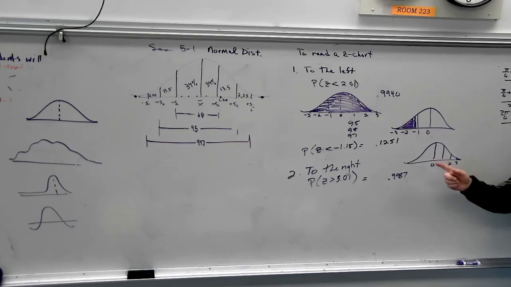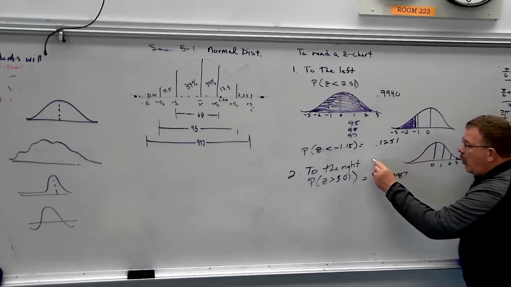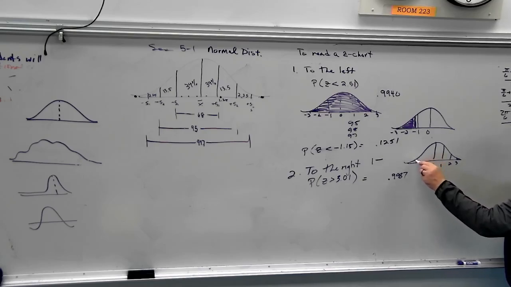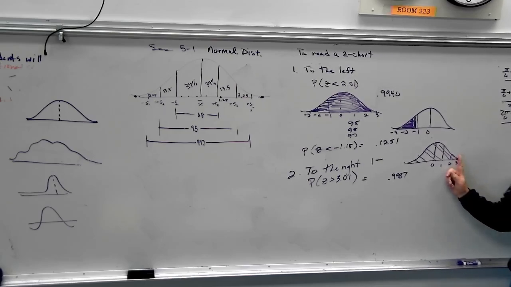Very good. Whenever you're asked to find the area to the right, you always take 1 minus whatever it says. Because when you look up 3.01 on your chart, it's telling you this, but we want the other side. So we just take 1 minus, just like you did on your test.